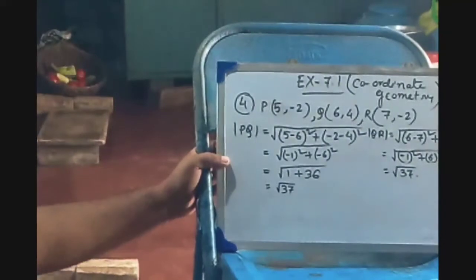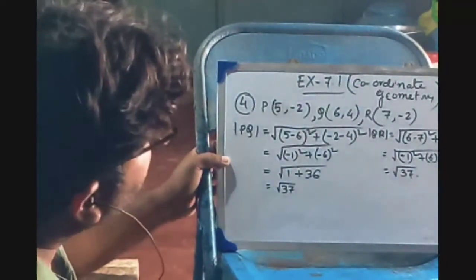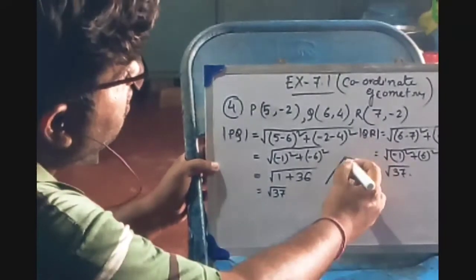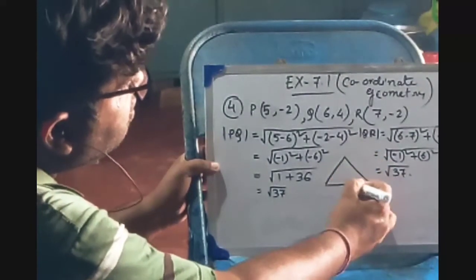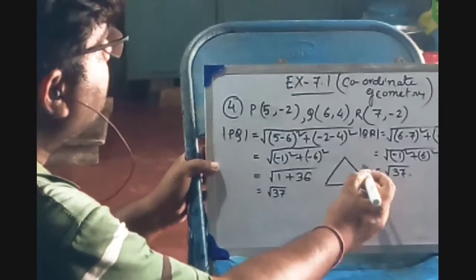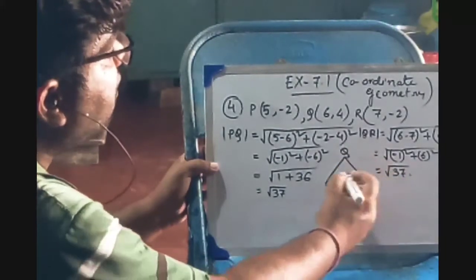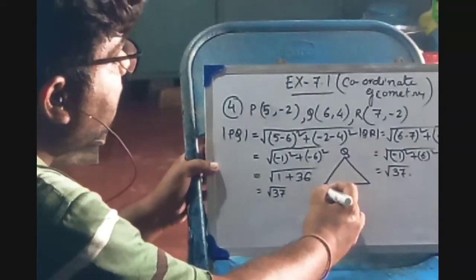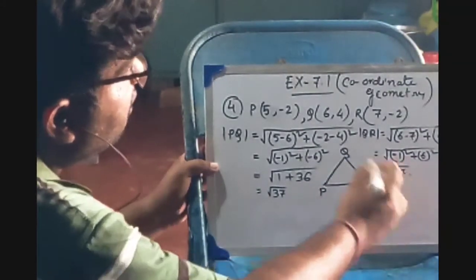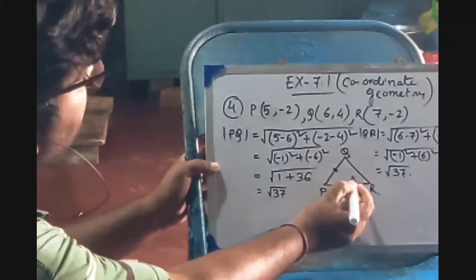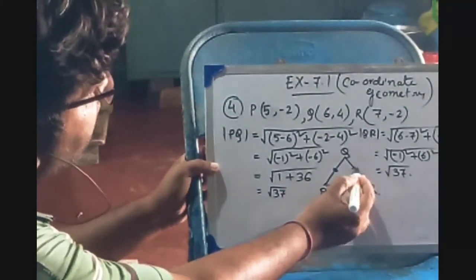So as you can see, if we take this triangle, this is Q, this is P and this is R, we are saying that in this triangle QP is equal to QR.